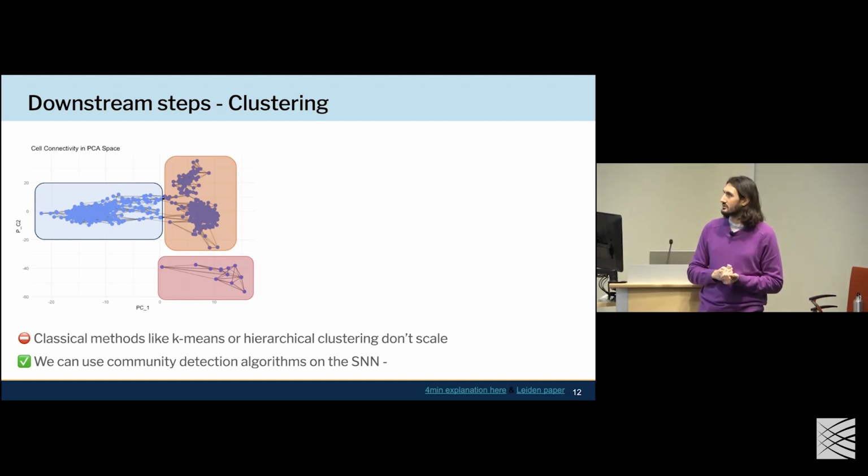Most of these algorithms don't work directly on the k nearest neighbor graph, and k is whatever number you want, say 20, 50, 100 nearest neighbors, but more on the shared nearest neighbor. So for each cell, you look at how many nearest neighbors you share with them, and that prunes extreme points that might not be super related, because it cleans up a little bit of the technical variability.